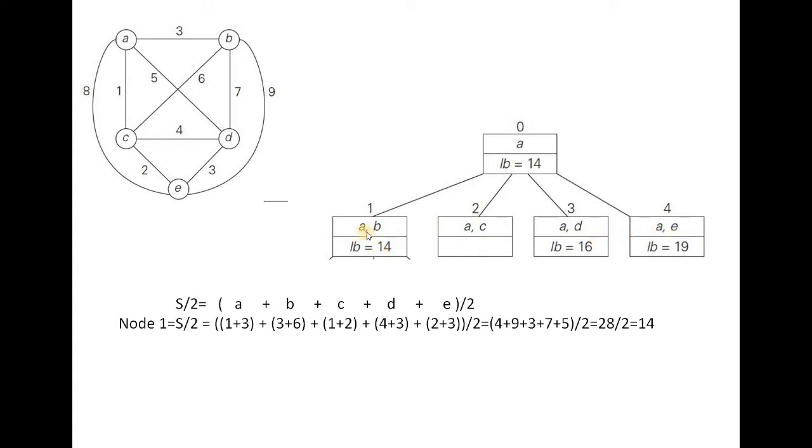Here the traversal is from A to B. What this indicates is that for A the route towards B is fixed, and for B the route towards A is fixed. So for both nodes, one of the paths is fixed. You need to find one more least cost path. For A, towards B is fixed, and the next least cost path from A is towards C, whose value is 1.